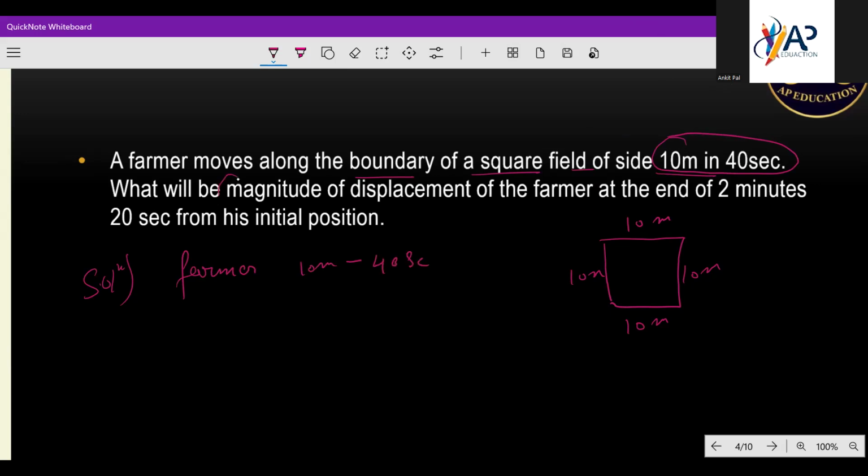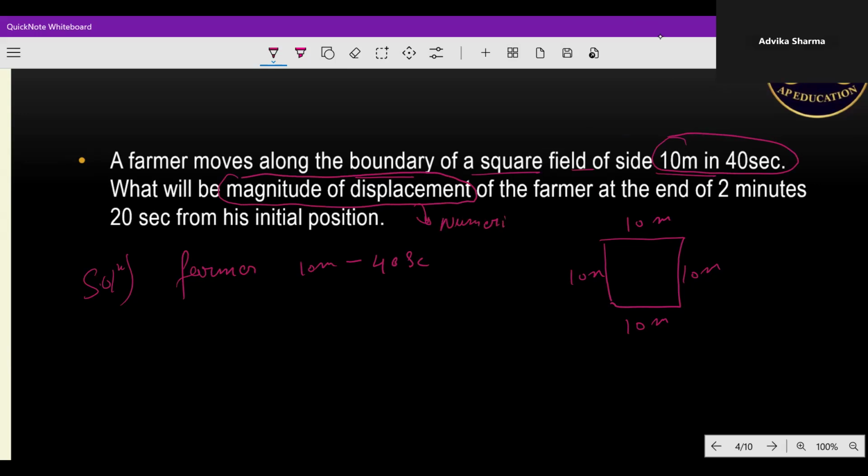What will be the magnitude of the displacement after 2 minutes 20 seconds? He is asking for the numerical value.